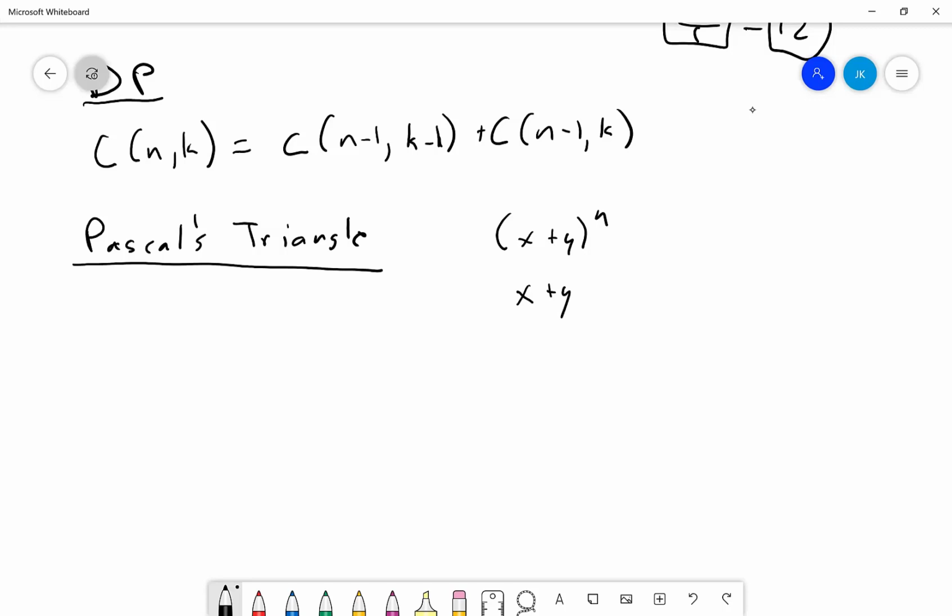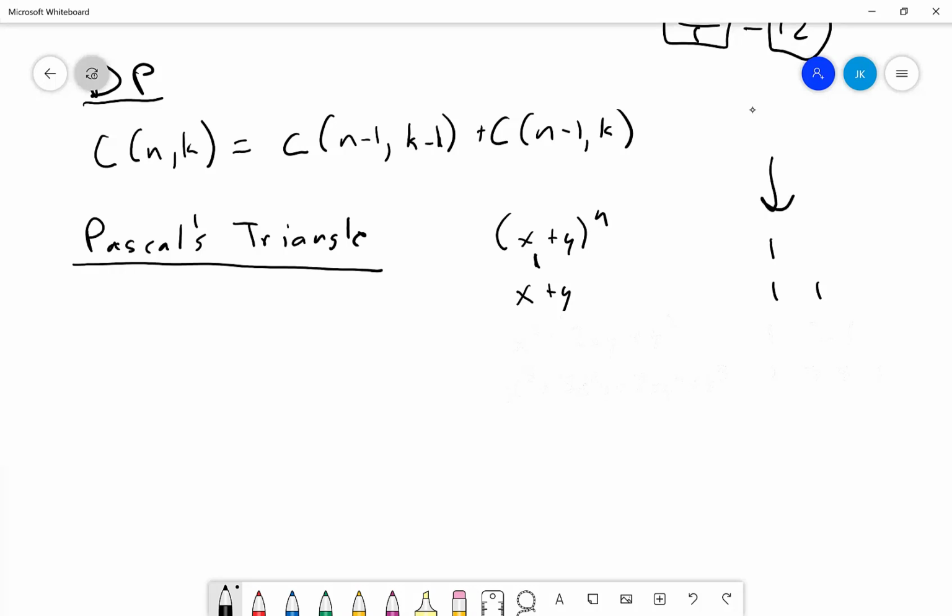If n is 2, you would end up with x squared plus 2xy plus y squared. So the coefficients here are 1, 1. The coefficients here are 1, 2, 1. If I were to take the cube, I would end up with x cubed plus 3x squared y plus 3xy squared plus y cubed. So the coefficients are 1, 3, 3, 1. If I'd actually done it to 0, I would have just ended up with the number 1. And so this here is Pascal's triangle.